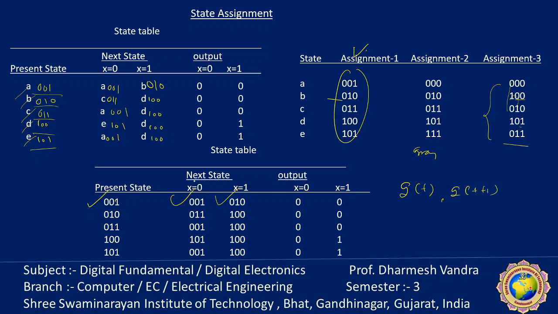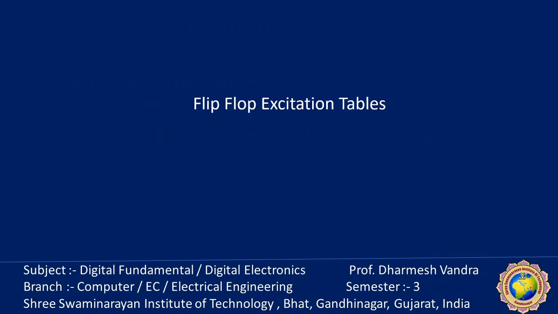This is called At, Bt, and Ct. Three flip-flops are there. So this is At plus 1, Bt plus 1, Ct plus 1. So that means now we have to find out the flip-flop inputs. And for that, knowledge about the flip-flop excitation table is required.